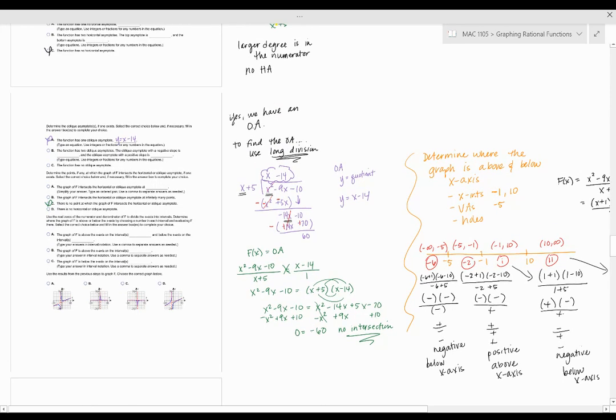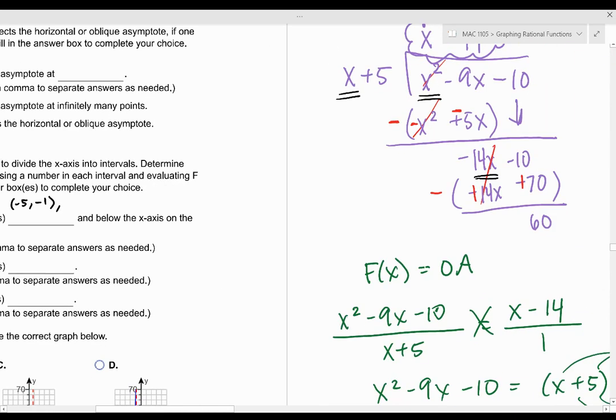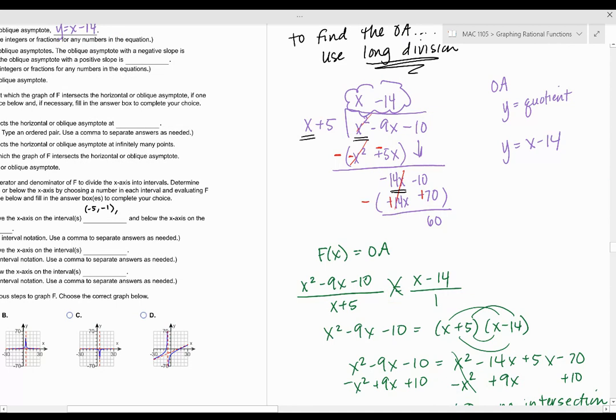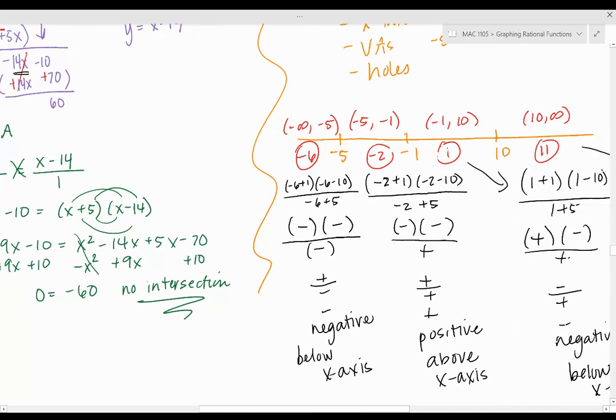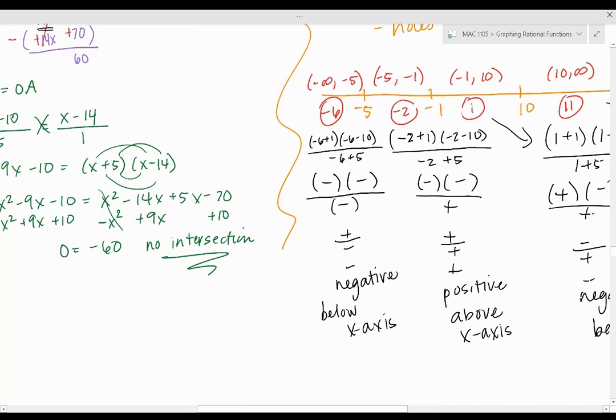All right, so the graph of f is above and below. So I want to choose the first choice. And I was above the x-axis from -5 to -1. And my other one was 10 to positive infinity.